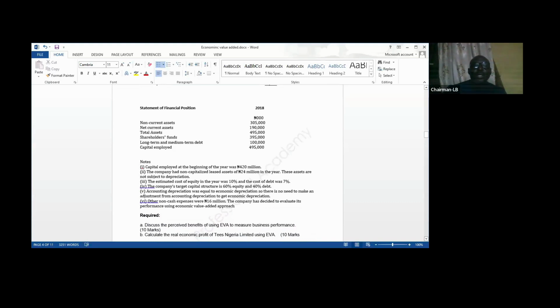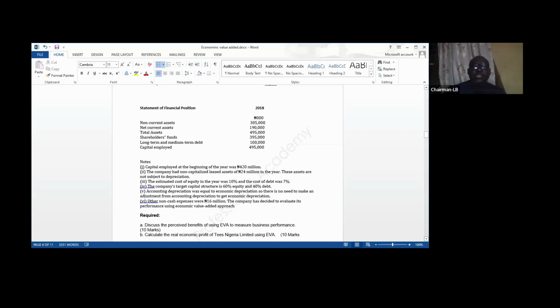Number 3, the estimated cost of equity was 10%. Cost of debt, 7%. The company's target capital structure, 60% equity, 40% debt. Accounting depreciation was equal to economic depreciation.